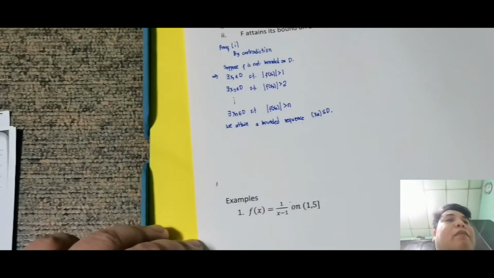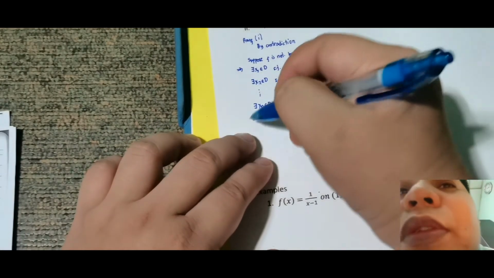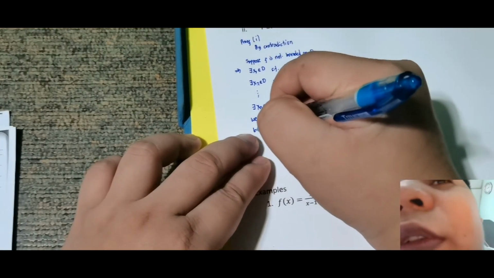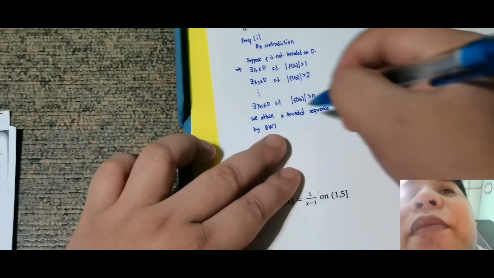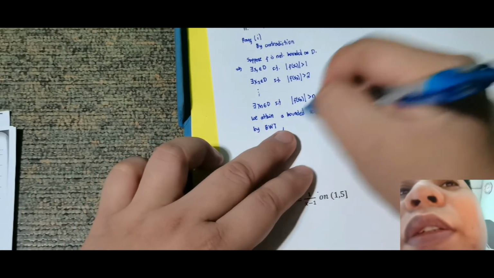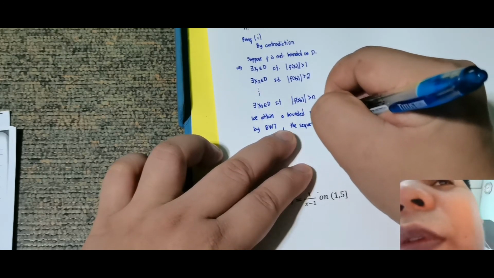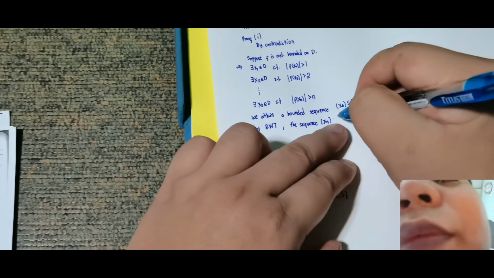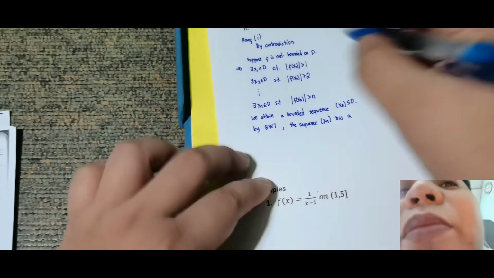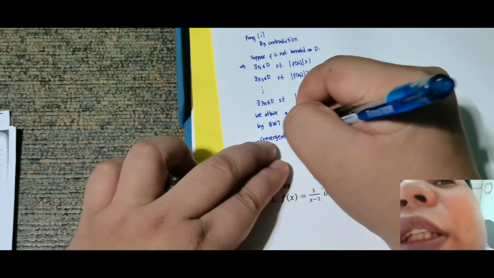Naalala nyo, sa Bolzano-Weierstrass theorem, kung meron kang bounded sequence, by BWT, by Bolzano-Weierstrass theorem, this sequence x sub n has a convergent subsequence.